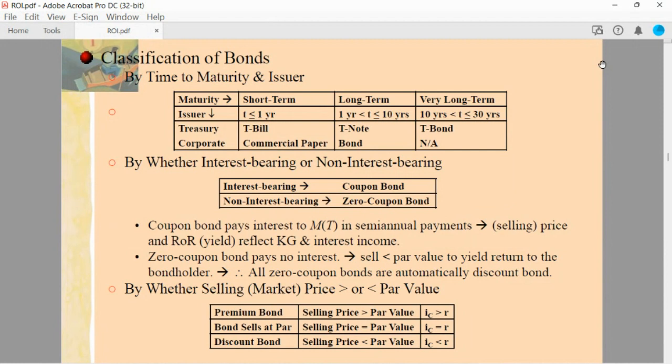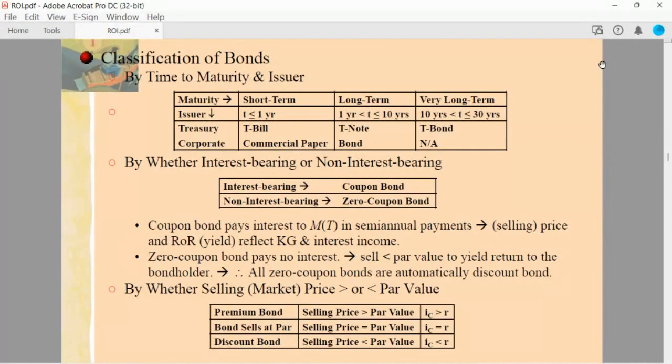That means the price that you buy it for, or selling price, is not 1,000. Selling price is usually below 1,000 or slightly above 1,000. Okay, and also it depends on maturity.